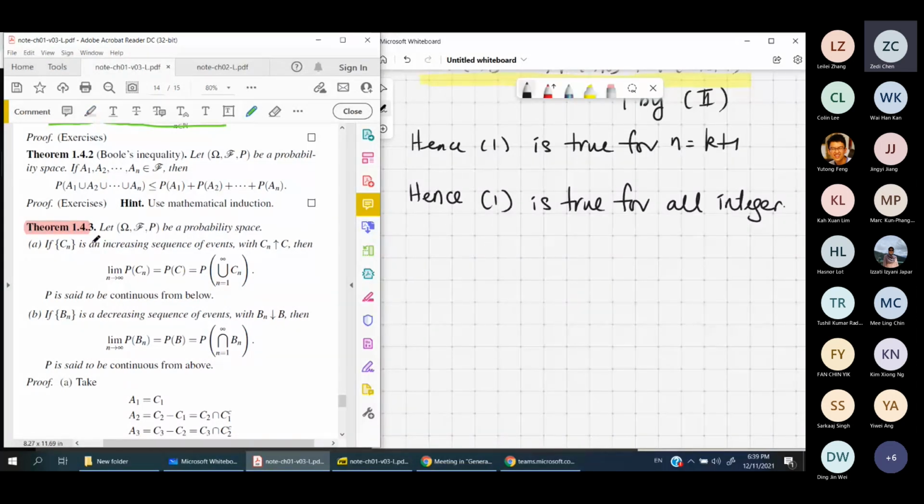One by one. First of all, if Cn is an increasing sequence, then the limit of P of Cn will be this. When we have an increasing sequence, we can directly use this formula to calculate P of union Cn. Likewise, when this is decreasing, the only difference is this is union, this is intersection.